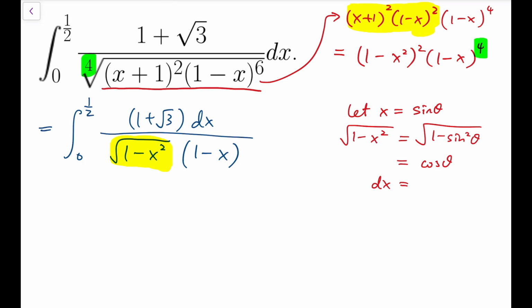Furthermore, dx, after differentiating, is cosine theta d theta, so we can see that something might cancel out. And we also have to take care of the limits.